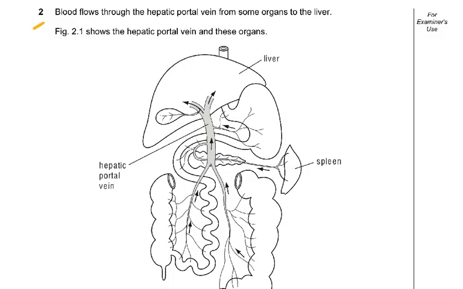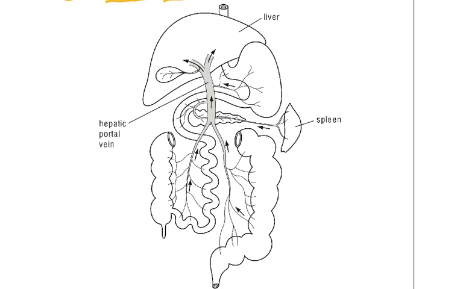Question number 2. Blood flows through the hepatic portal vein from some organs to the liver. Figure 2.1 shows the hepatic portal vein and these organs. Hepatic portal vein, you can see this, and I'll just color this so that everybody can see this here. This is the hepatic portal vein.